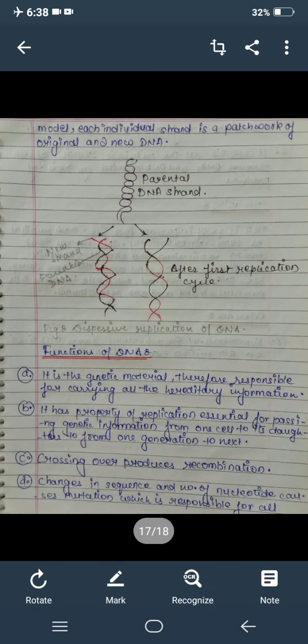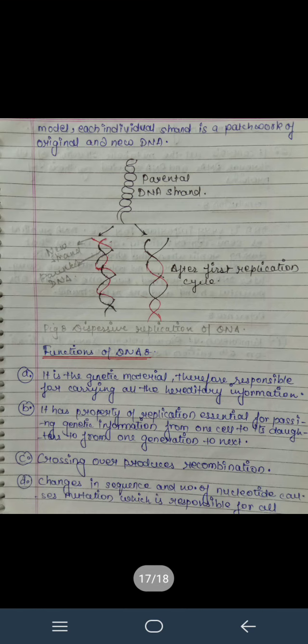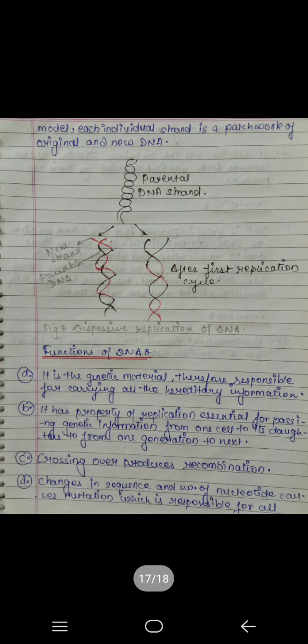What are the functions of DNA? It is the genetic material, therefore responsible for carrying all the hereditary information. It has the property of replication, essential for passing genetic information from one cell to its daughter cell and from one generation to the next. Crossing over produces recombination.